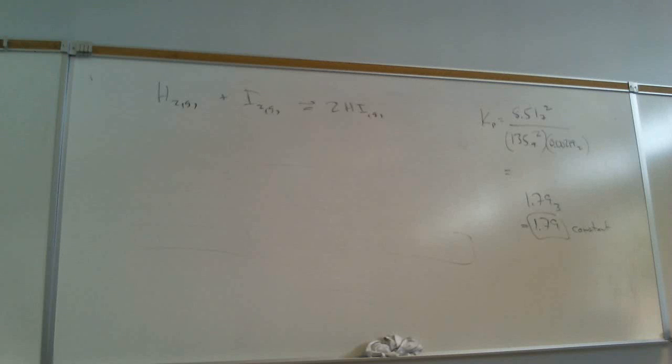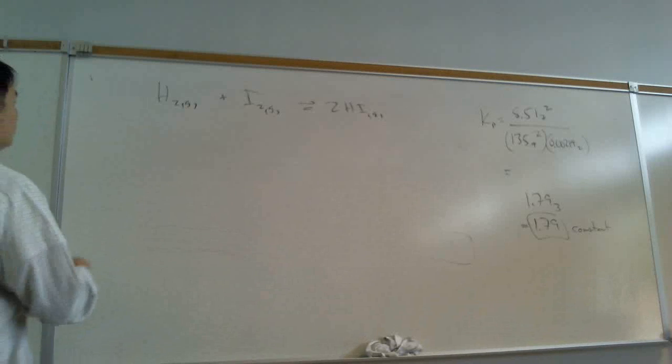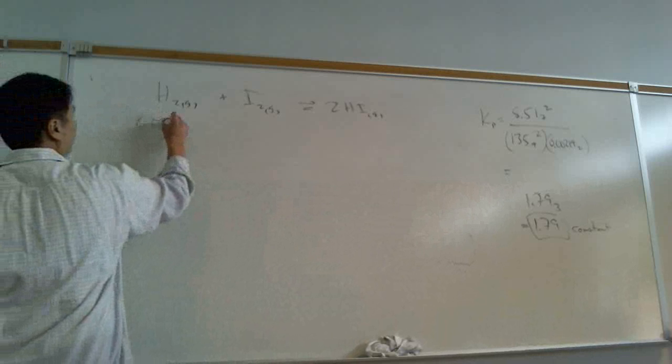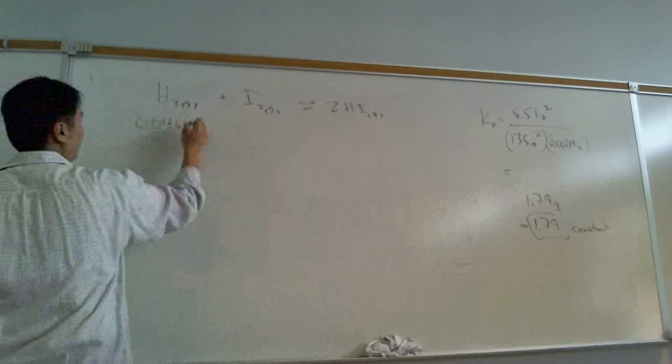And so the first thing we're going to do is convert from amount to molarity here, 0.15 moles divided by 3.25 liters. And so what does that come out to? 0.15 divided by 3.25 gives me a molarity of 0.0461, 0.04615 molar.